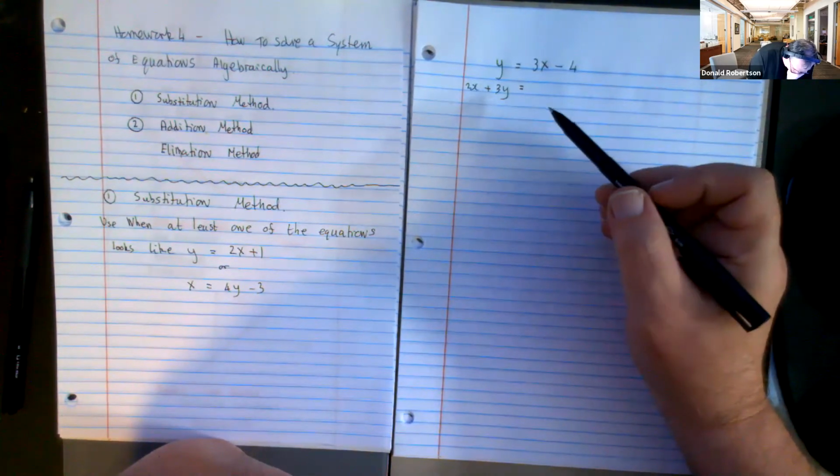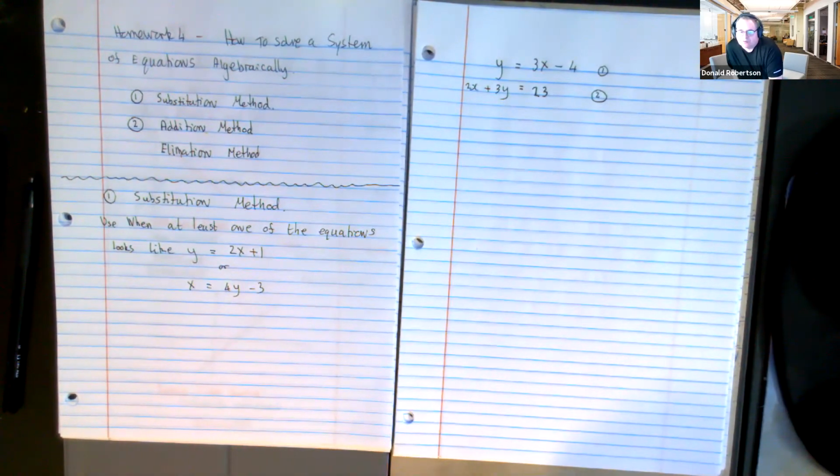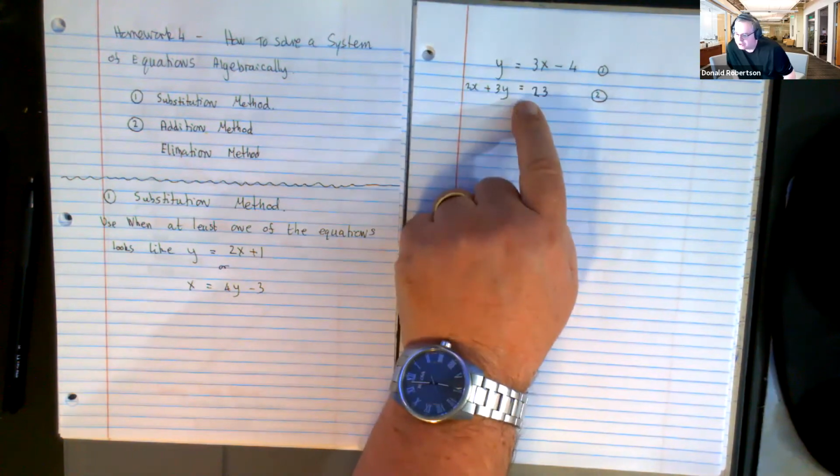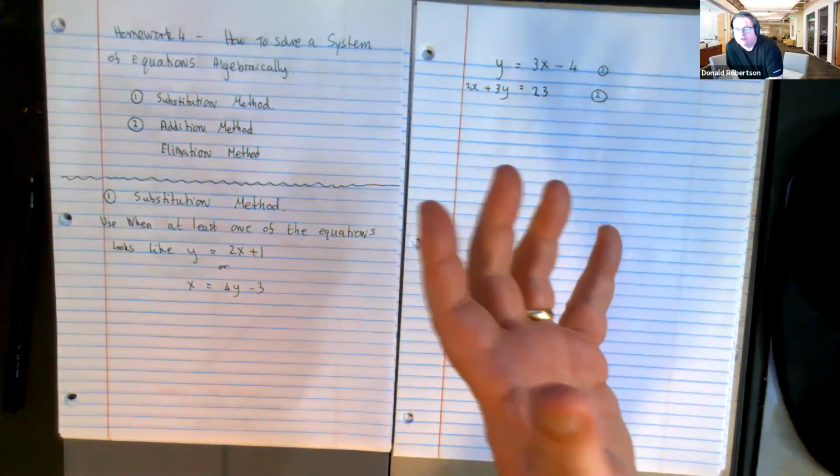I'm going to call this equation 1, and this equation 2. So y equals 3x take away 4, and the other one is 2x plus 3y equals 23. That's a point slope equation and a general equation of a line, right? A bit of A, a bit of B, two things. So let's see how we solve it.